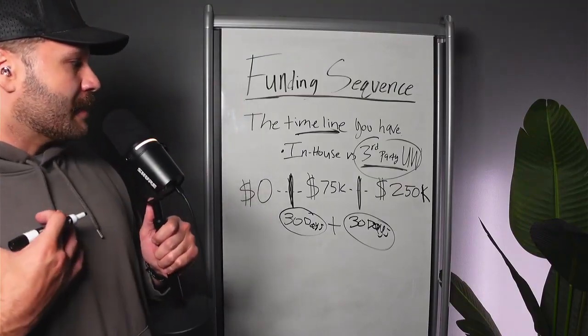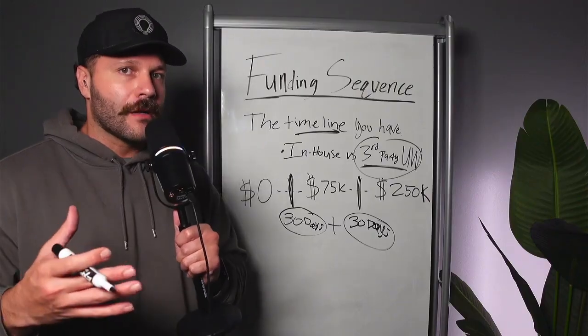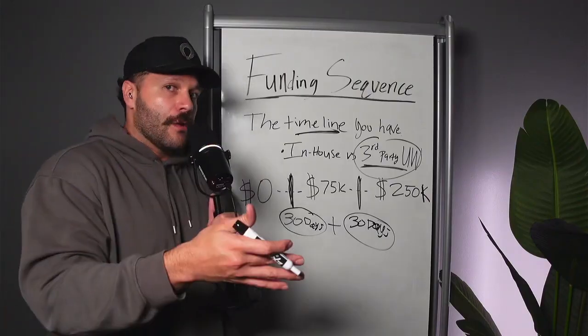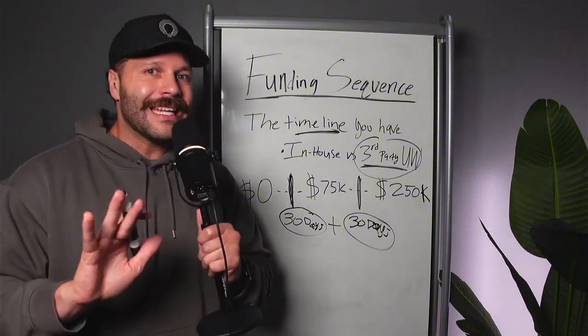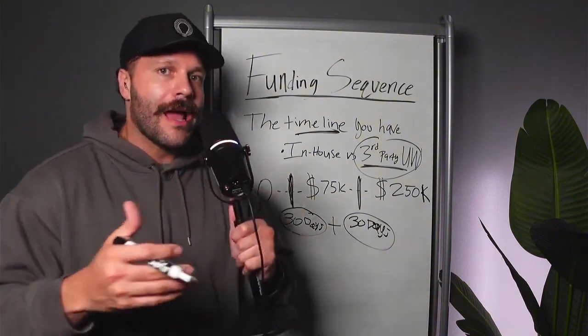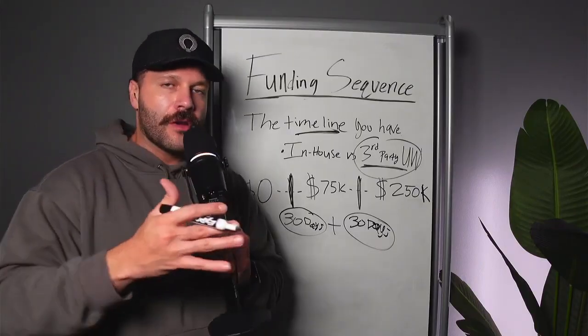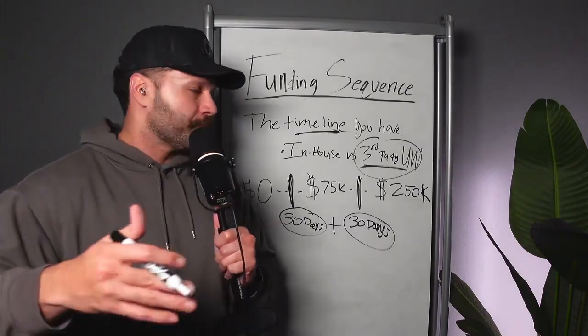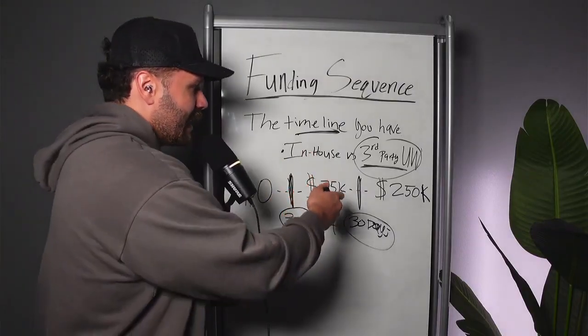I would venture to say that that's a little too quick. You probably want to space it out a little bit, based on what we're seeing and where the economy is as a whole. So you're probably closer to about 90 days, give or take, just to be safe, because you do want to have that cool down period, especially if you're not in a crazy rush and you're deploying the capital. You're going to have that cool down period anyways. So you're probably sitting closer to about 75, maybe 90 days.